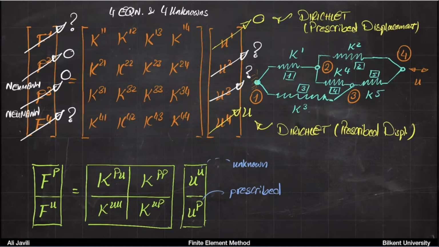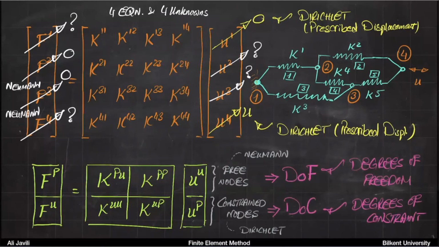I mean, if we could number them such that these two nodes, the unknown displacements, came on top, and these two, the known displacements, came at the bottom. Okay, so we could reorder them such that we get this system. This system is much nicer to solve, because then you can basically have your degrees of freedom on top and then your constraints at the bottom.